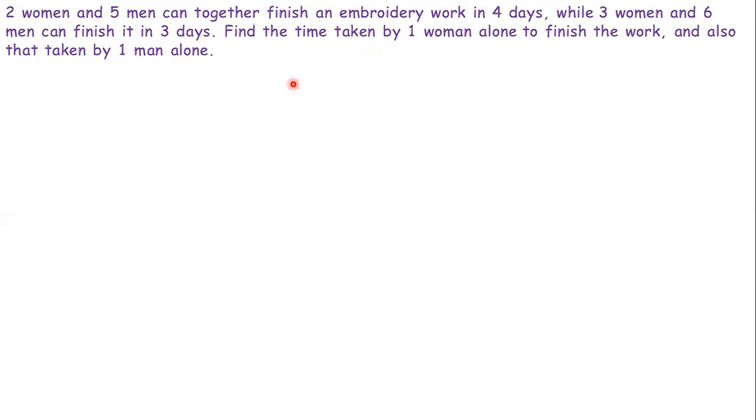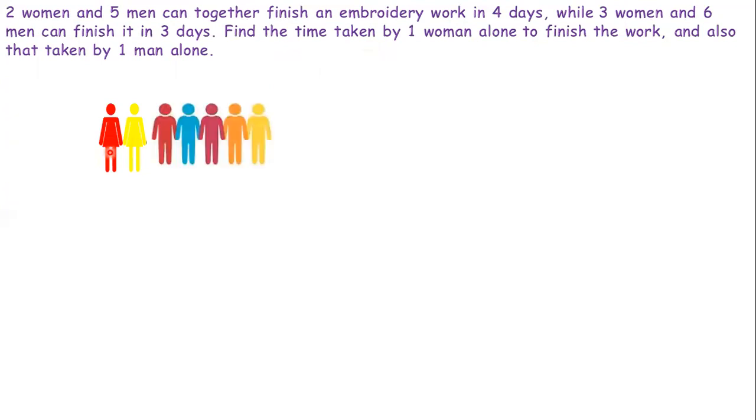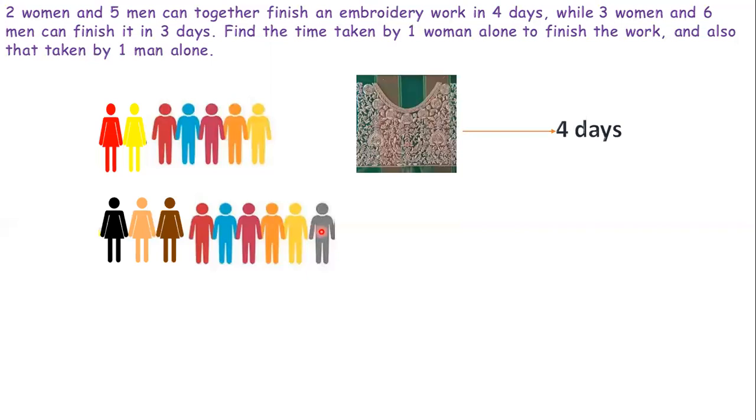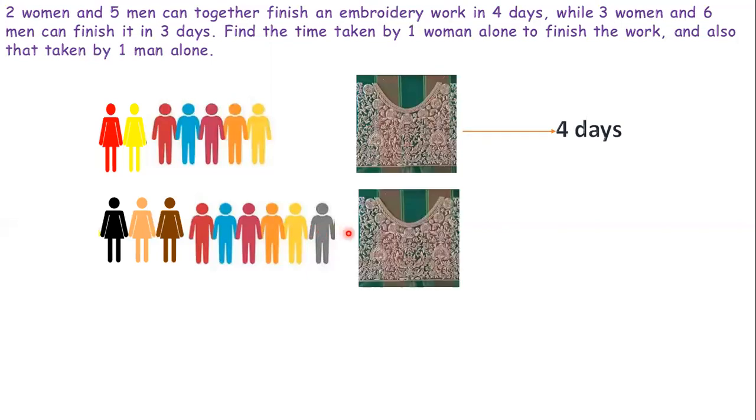Now understand this question. See here. 2 women and 5 men together finish an embroidery work in 4 days, while 3 women and 6 men can finish the same embroidery work in 3 days.